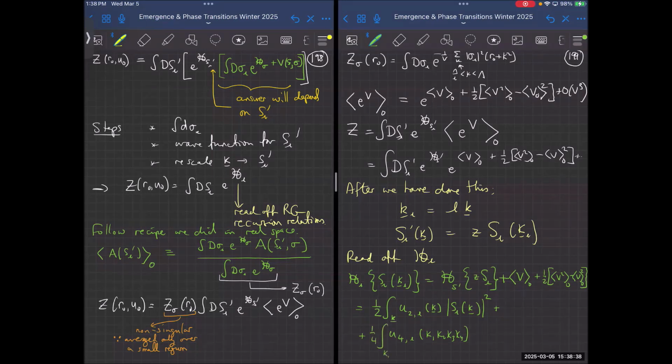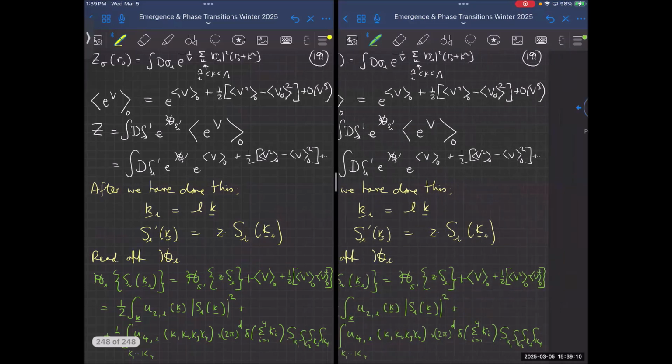I'm going to have k1 up to k4, I'm going to have my momentum conserving delta function, like so. And then lastly, I have my S_k1, S_k2, S_k3, S_k4.